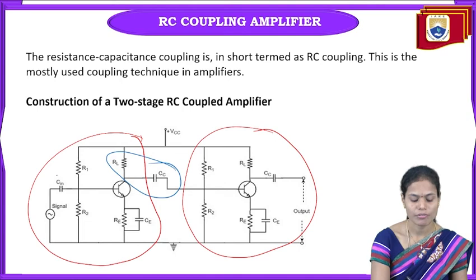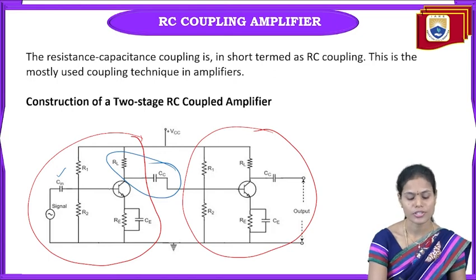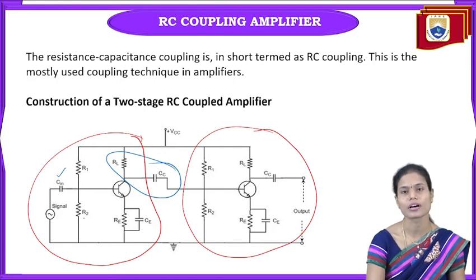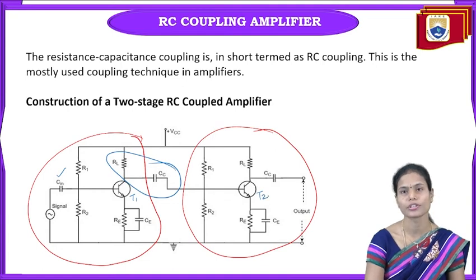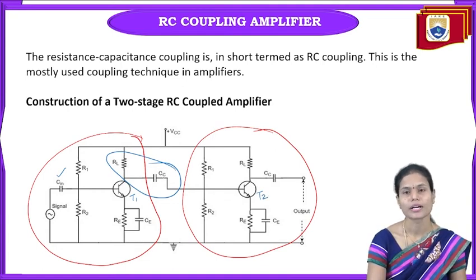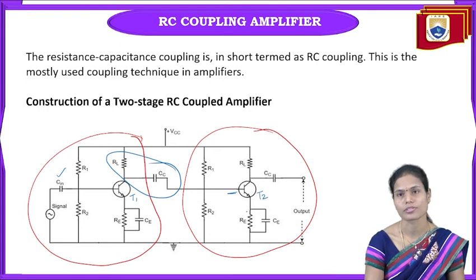And here the purpose of the Cin is to provide the applied AC signal to the base of the first stage, and the R1, R2 resistors are used to provide the biasing for the transistor T1, and here also R1, R2 provide the biasing for the transistor T2. And CC, the coupling capacitor, is used to connect the output voltage to the input of the second stage, that is the base of the second stage.